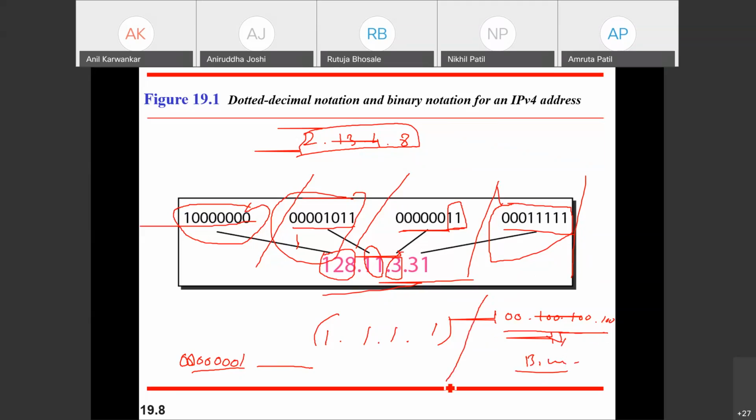That is one example. Then next is 200.200.100.100. This is your second IP address in the IP version 4. Represent it in the binary form. Just give me the answer in the chat box. We'll wait for 2 minutes.